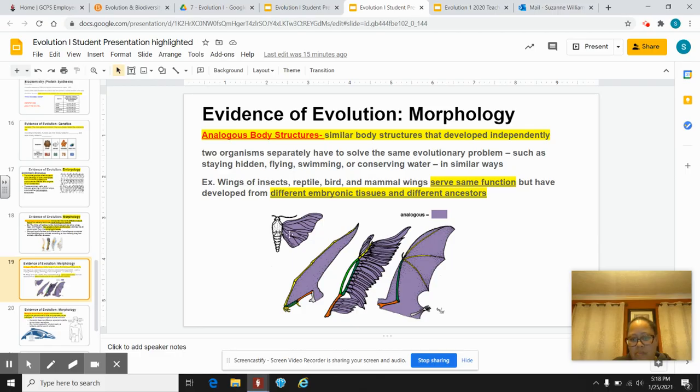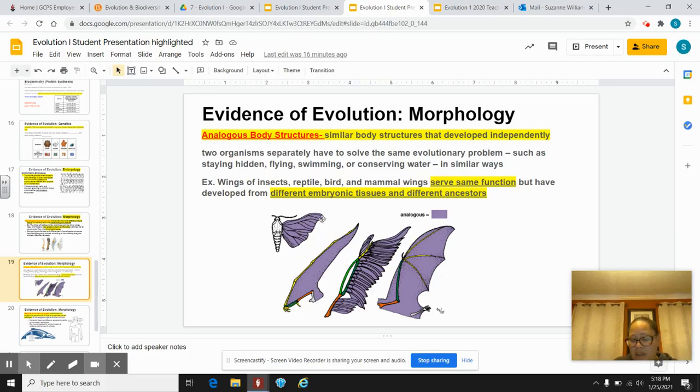We have a moth wing, we have a pterodactyl wing, a dinosaur, we have a bird wing, and we have the bat wing. So in analogous body structures, they serve the same function: flight, flight, flight, and flight. But they have different embryonic tissues, and they have therefore different ancestors.